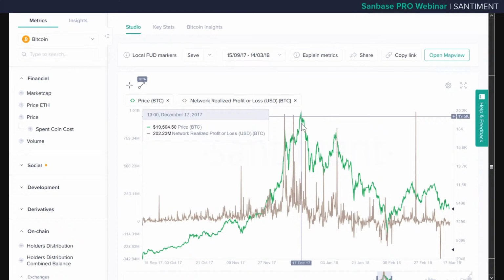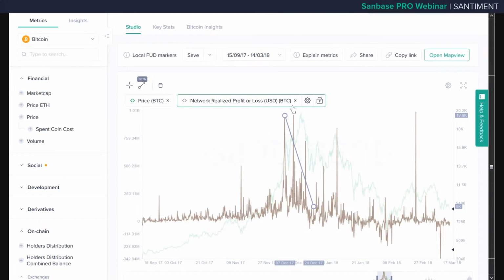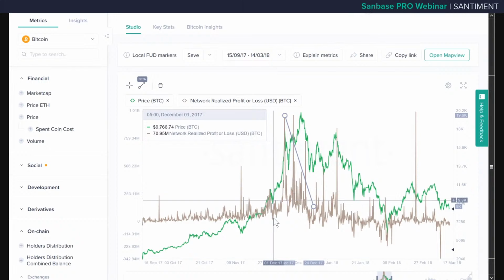But then at some point, exactly here, it was much lower, like 2 or 3 times lower than before, because this is the moment people believed, okay, this is indeed a new paradigm, I better hold my precious Bitcoin. The only one spike thereafter was somewhere, I think, in February. That was the last smart money who realized, okay, that's it. And then for a very long time there was no profit taking, only loss taking.